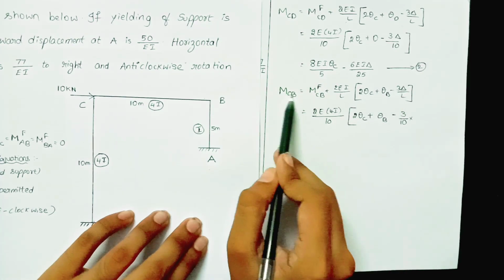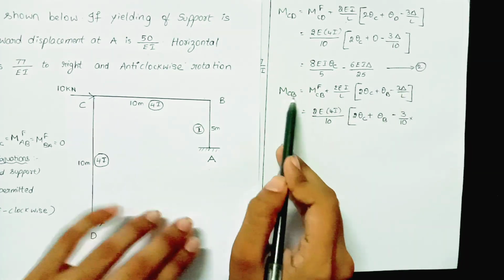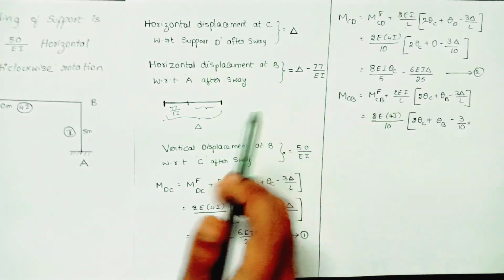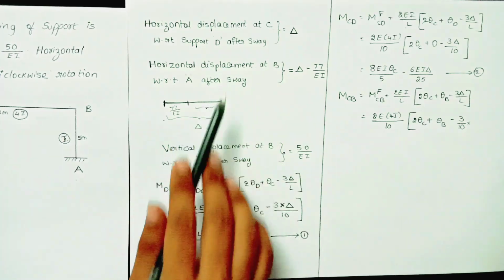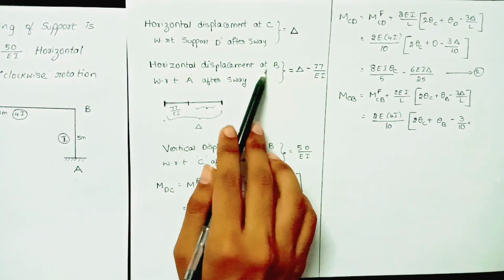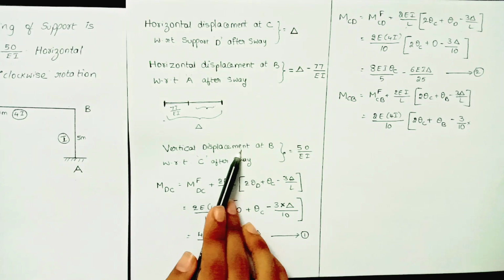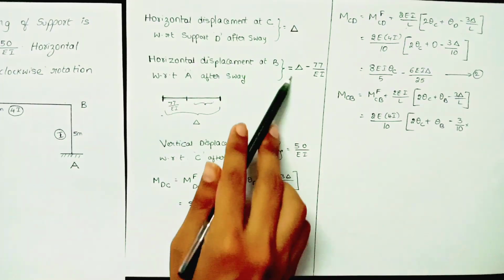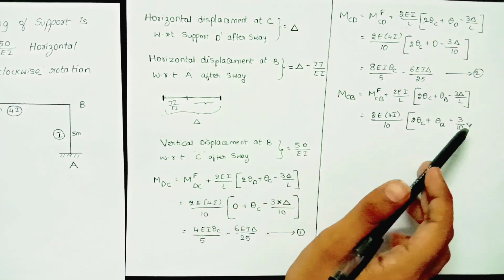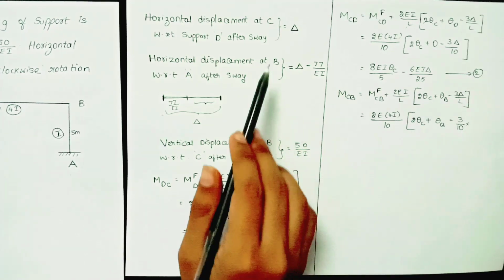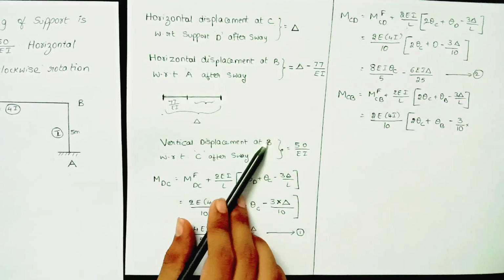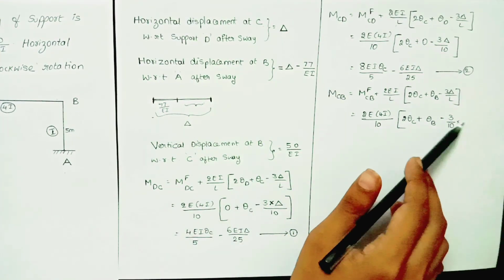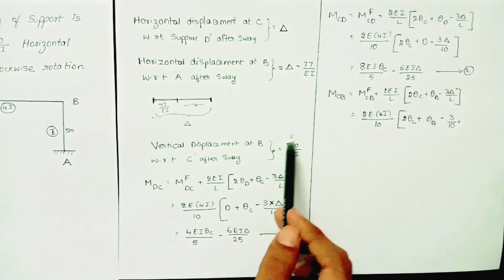Okay, now at the delta for CB, at CB we are having two displacements here, horizontal displacement at B and vertical displacement at B. So now there are two values. Now which value we have to substitute here? Both are related to joint B. Now we have to place some value as delta. Which value do we have to take?